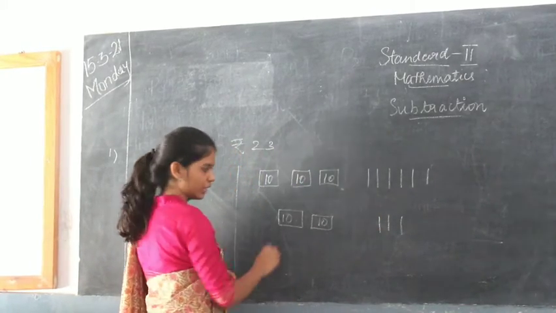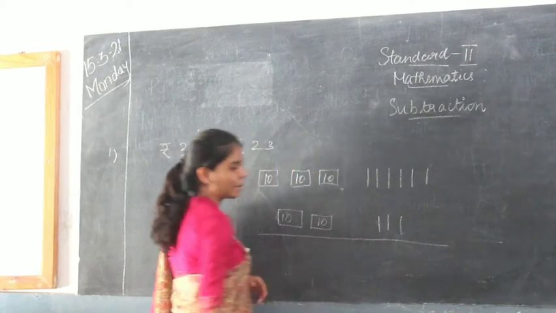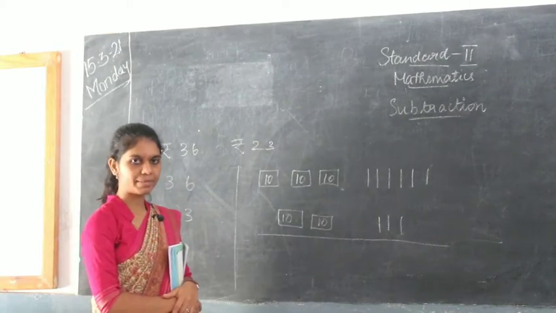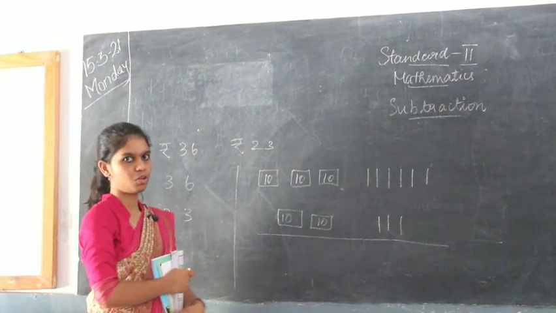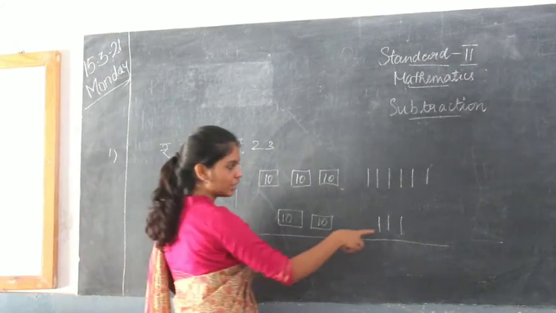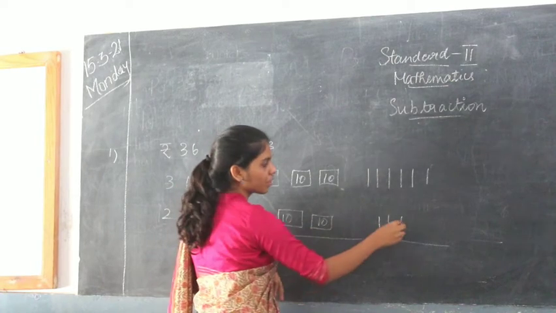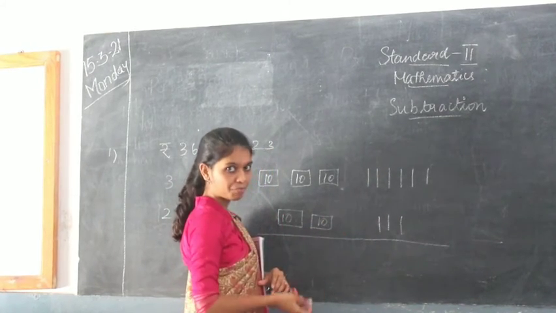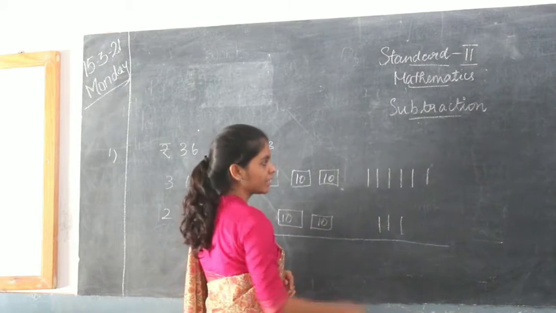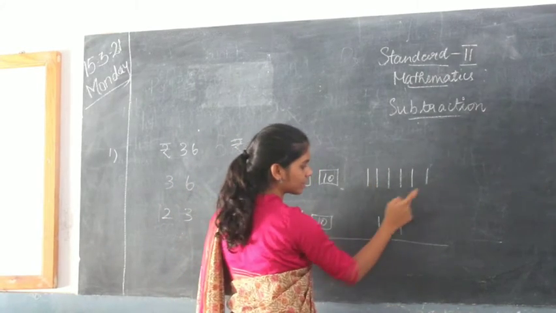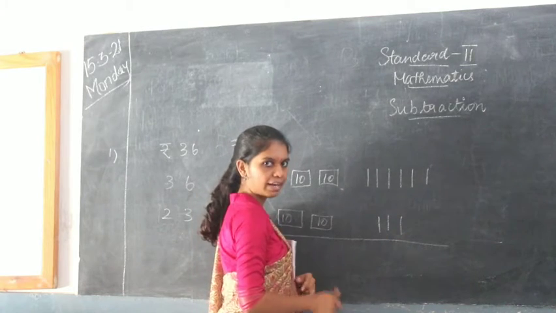Now you should subtract them. Subtract means you have to take this much amount from this. So you will cancel 1 here and 1 here. First we start with the units place. Here you have 6 and here you have 3, so we start cancelling them.